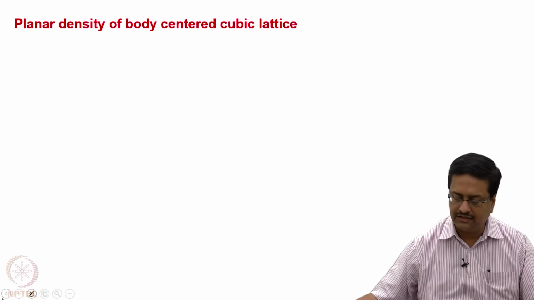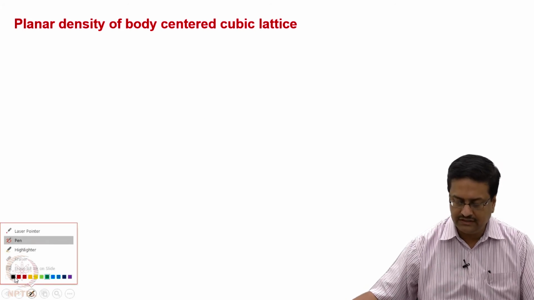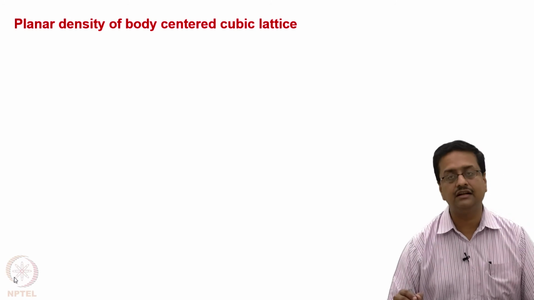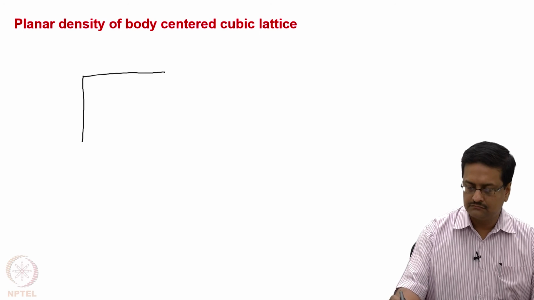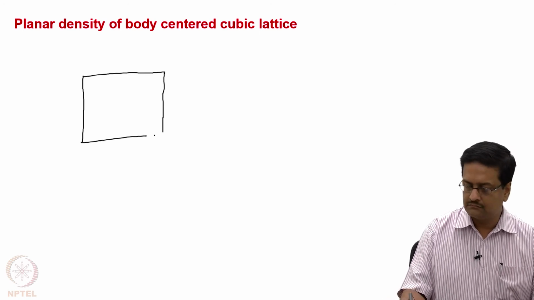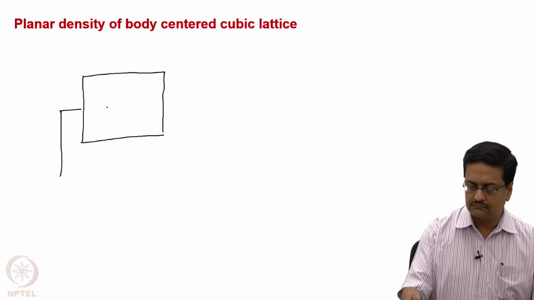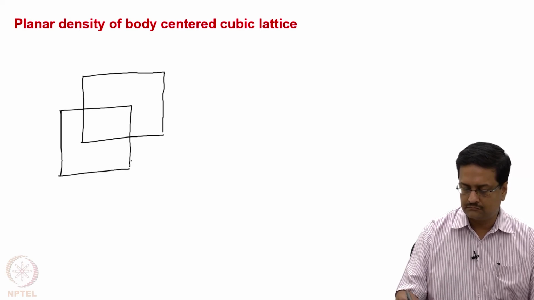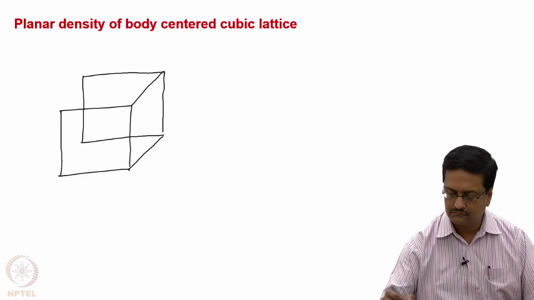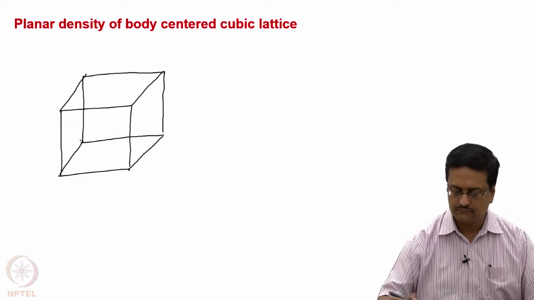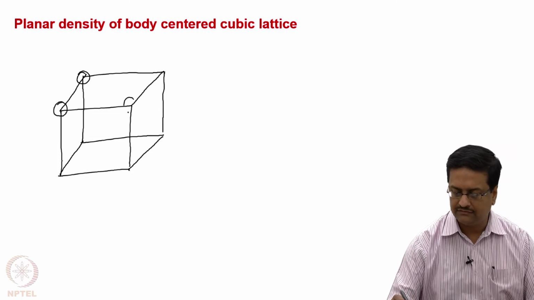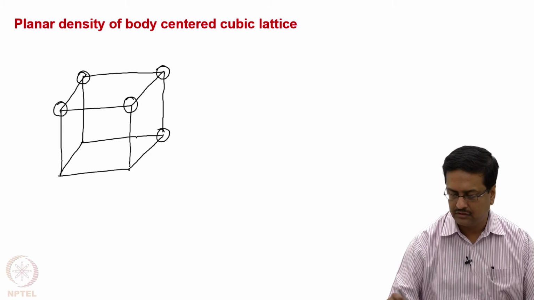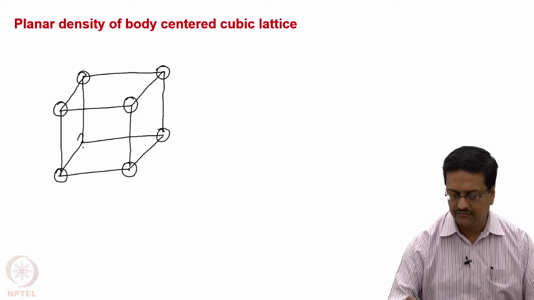Now let us see the planar densities of various planes on body-centered cubic lattice. In case of body-centered cubic lattice, we have atoms at 8 corners and an atom located at the center of the unit cell.